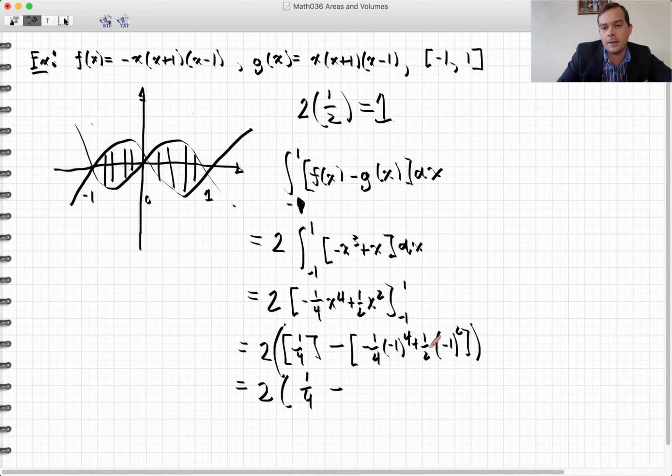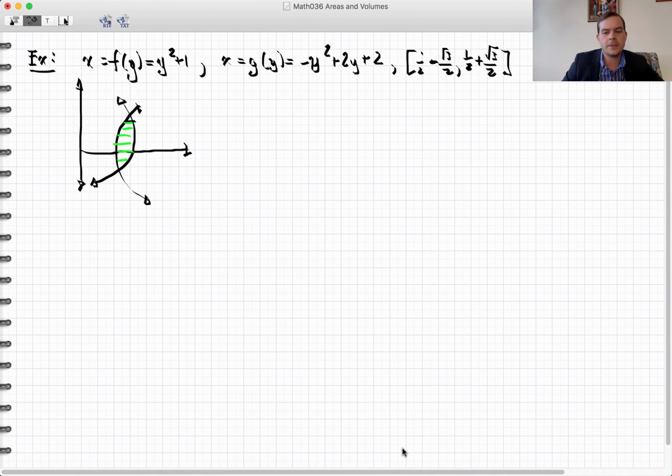So inside I get 1/4. But now I have a net negative, so this is -1/4. And so ultimately I'll get a 0 area, which is, of course, not what the problem was asking. We wanted the area, not the net area of the difference between these functions. And so you need to take a little bit of care because we have this general definition.